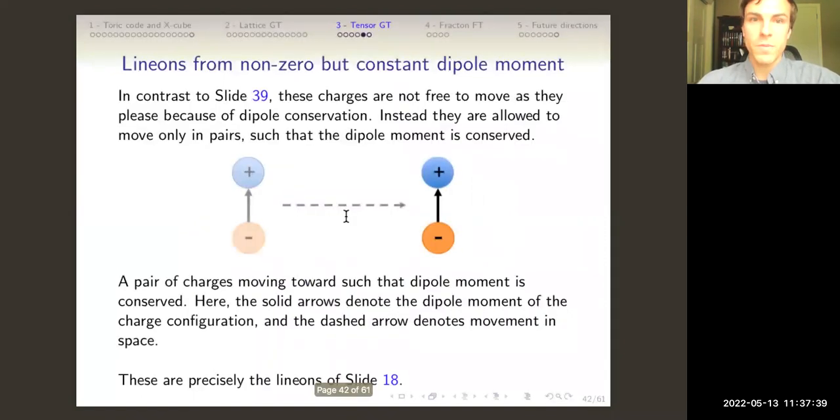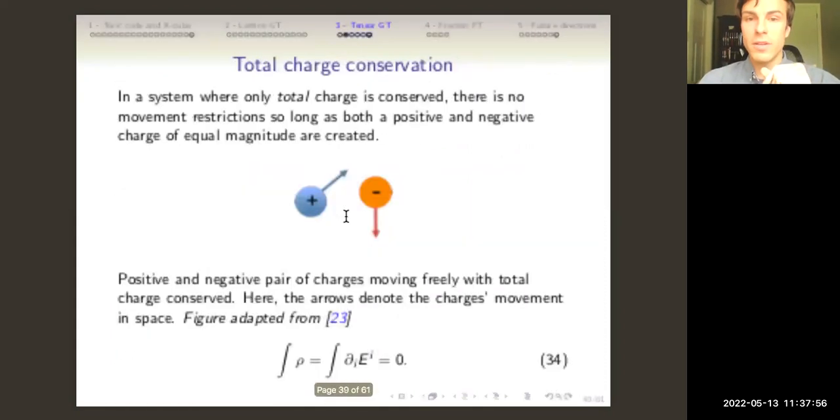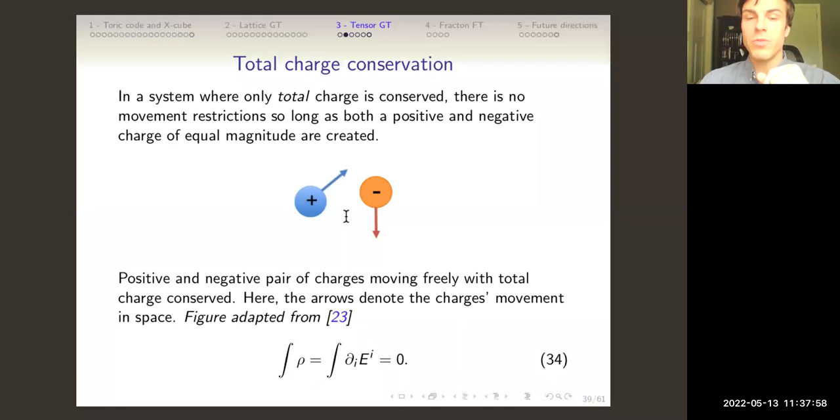The first thing to note is that we don't have to have a total fracton. We don't have to have a completely immobile term. But if we have some non-zero dipole moment, and the dipole moment is still conserved, then charges aren't free to move around like this, but they are free to move around together.